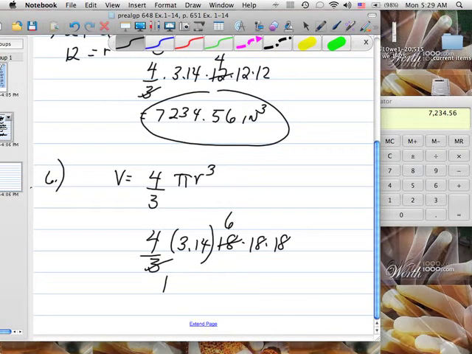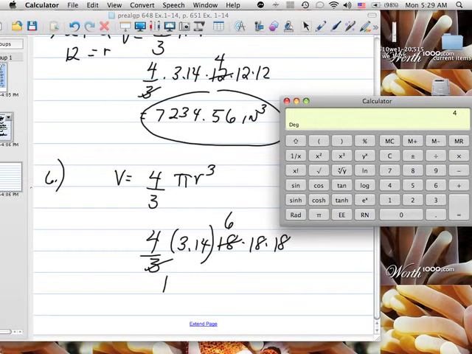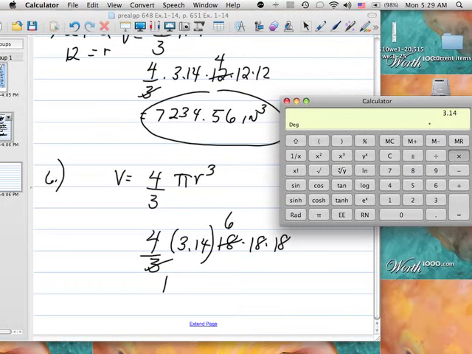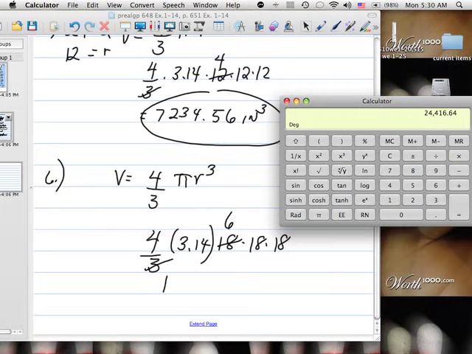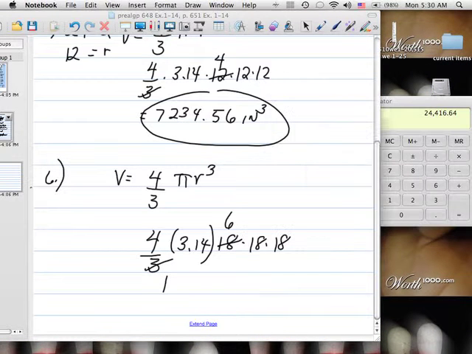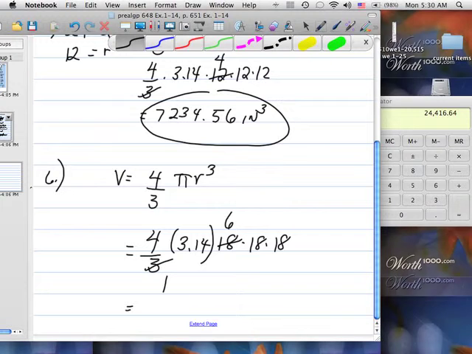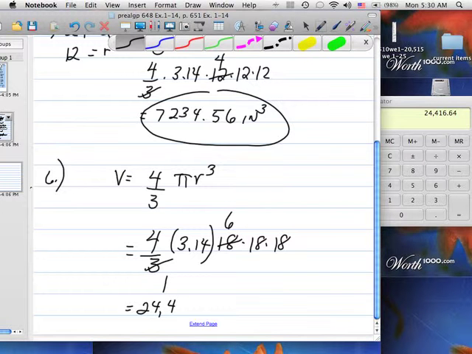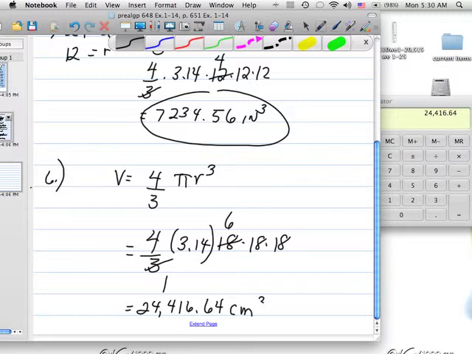The 3 goes out, makes a 6 there, cancel that, so it's 4 times 3.14 times 6 times 18 squared, and my answer is 24,416.64 centimeters cubed.